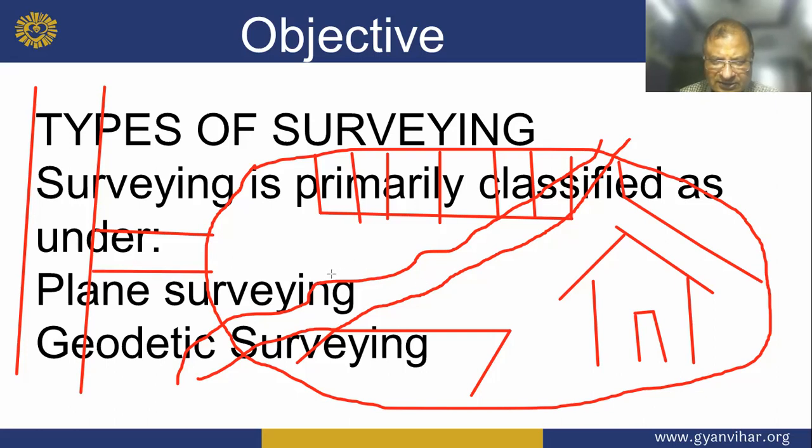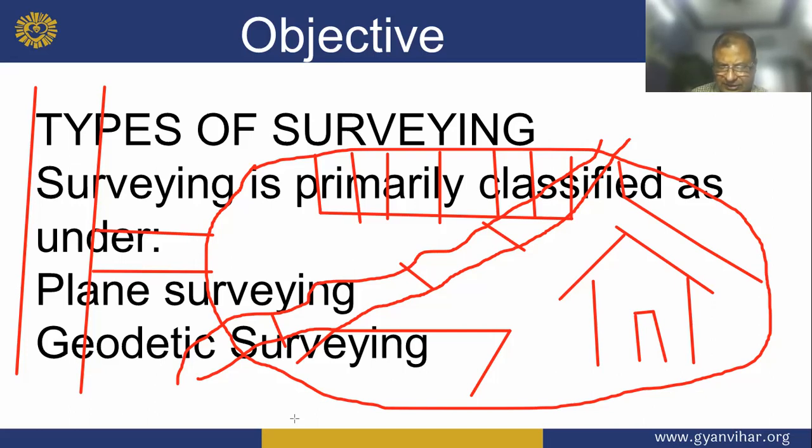After that, this is the useless area where sometimes a nala will be passing. So he will decide and construct a bridge here, here, and here, and after that, he will do the leveling of the whole area. Okay.